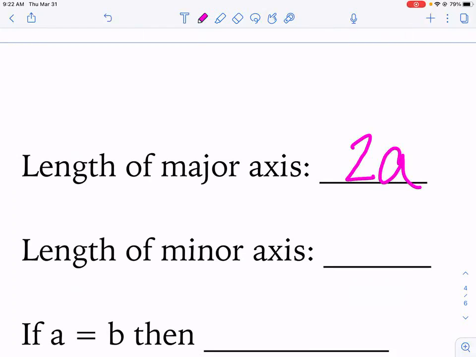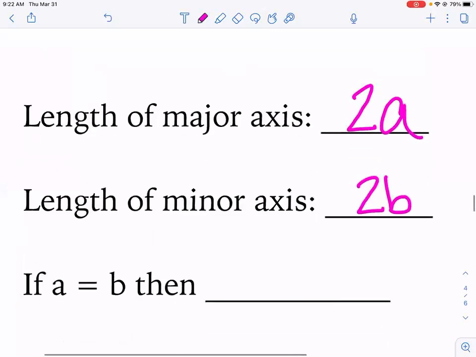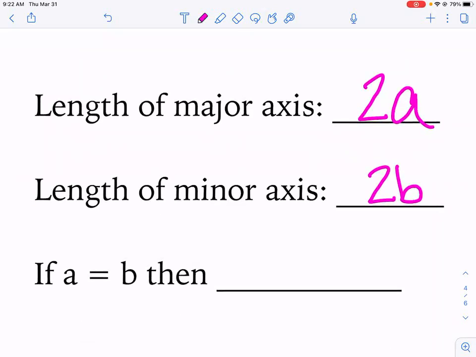How long would the minor axis be? 2B. Trying to lighten the mood, but what's true about our ellipse if A equals B? Which means we have a circle.